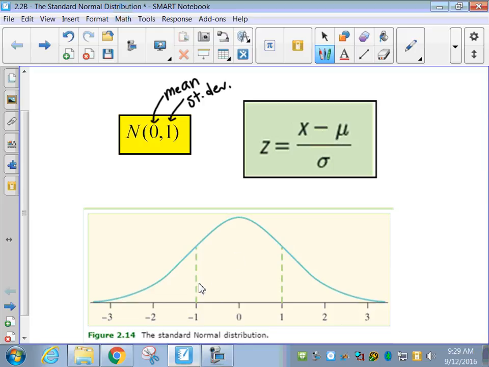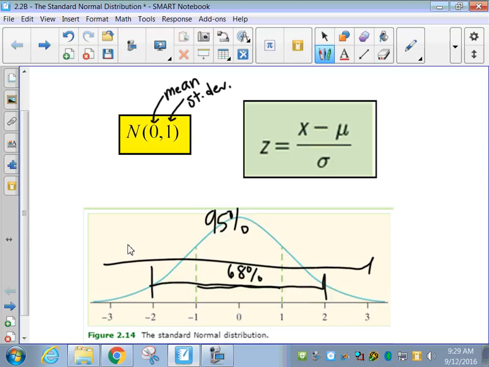So again, just a reminder that 68% of the data falls between 1 standard deviation, top to bottom, and 2 all the way across is 95% of the data, and 3 all the way across is, what was it, you guys? 99.7. Okay.